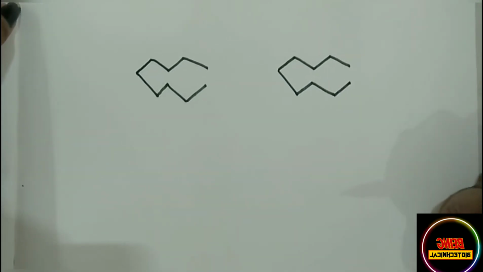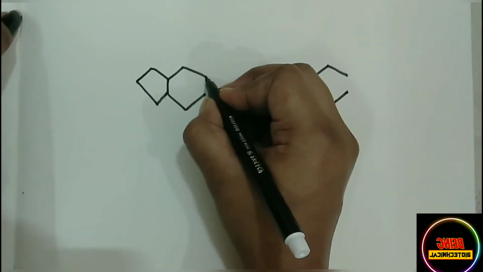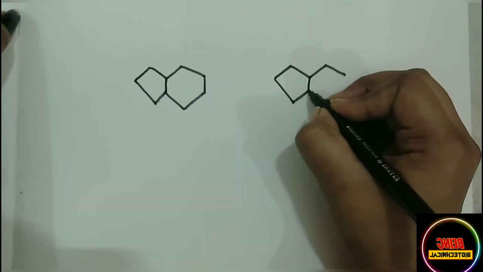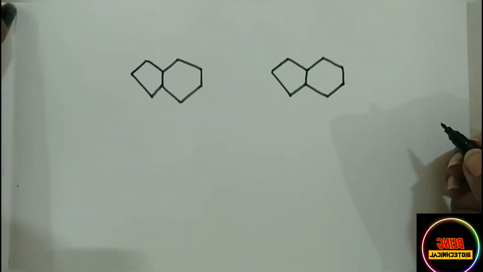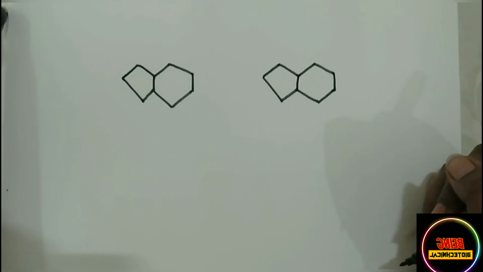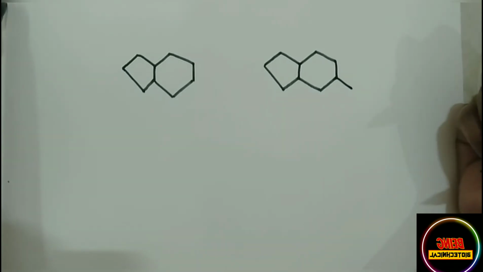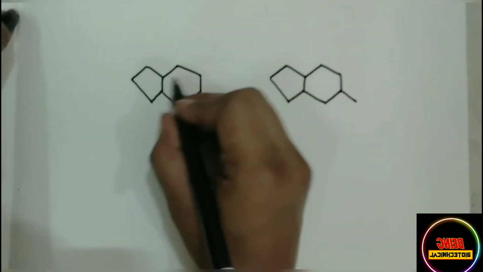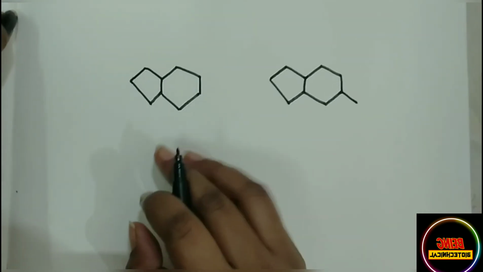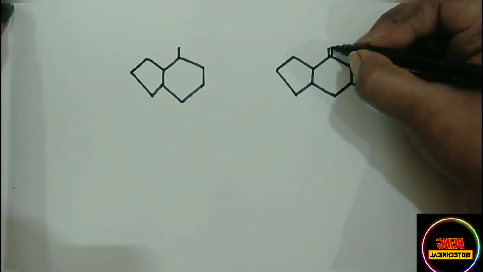Done. Now join these two alphabets with I like this and this. Done. To the second structure, draw a tail like this, and at the top of this hill-like structure, draw another alphabet I to this structure and 2 I to this structure.